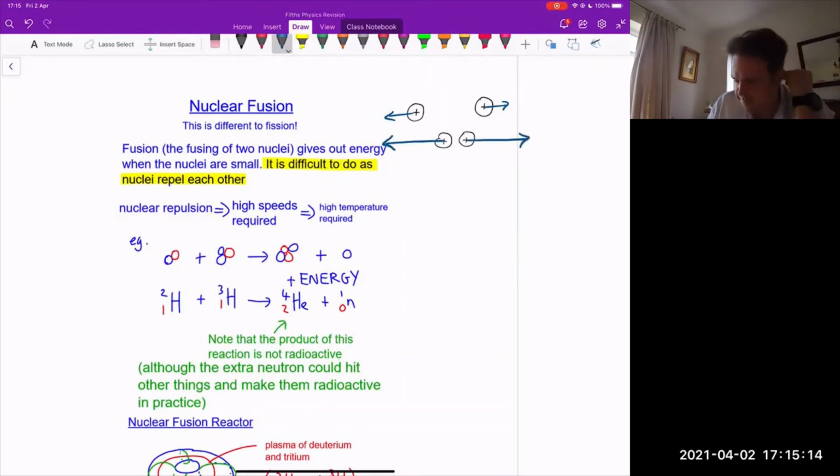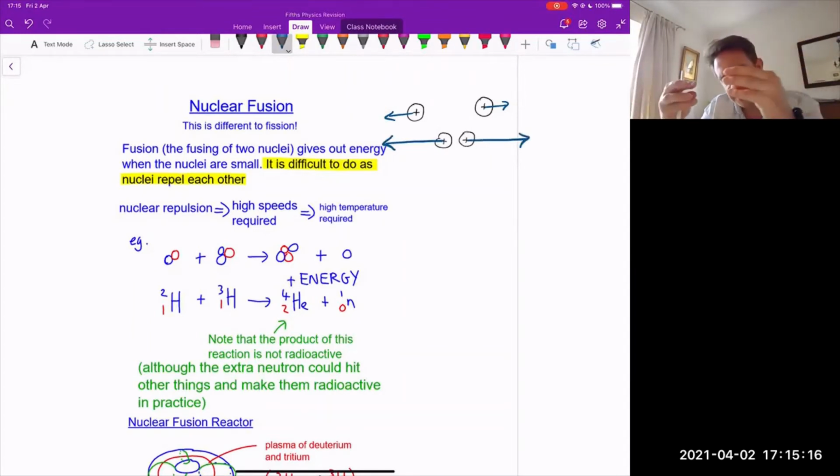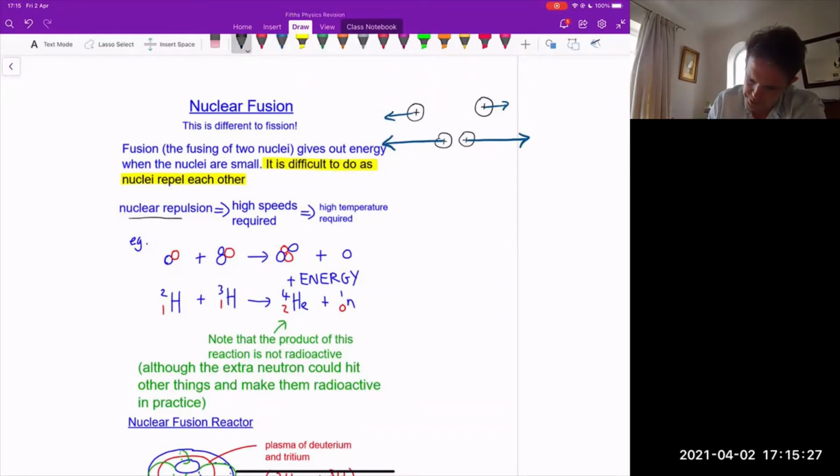What that means is, in order for them to actually come into contact and join, they need to have a very high velocity to overcome the repulsive force. And this is what has been written here. Nuclear repulsion requires high speeds.